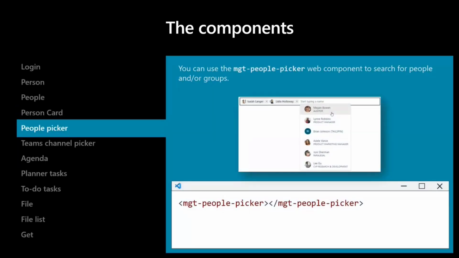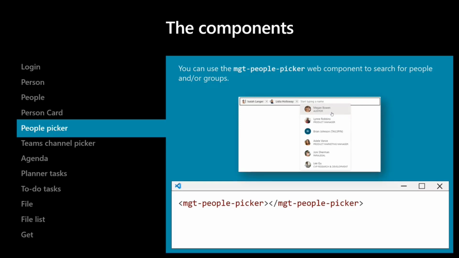People Picker. People Picker is a rich component that allows you to do searching for people. So you can target the People Picker to be your organization. You can target a specific group or a set of groups, maybe the people that are around you. And here, you will be able to pick these people.